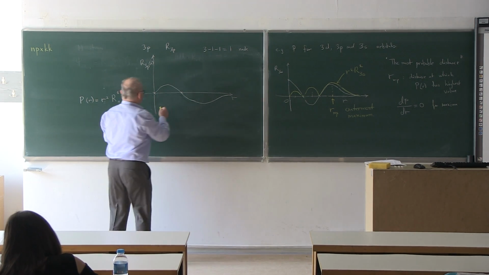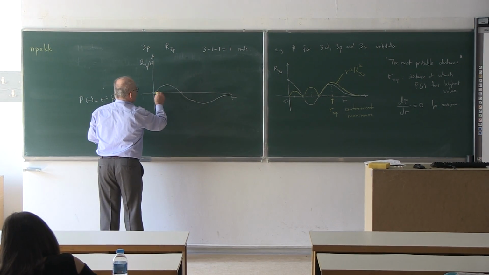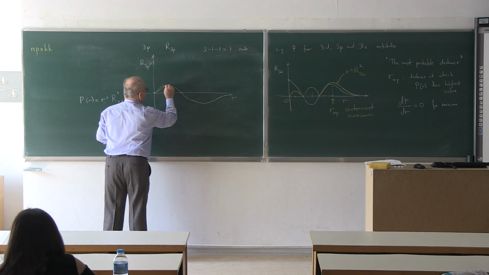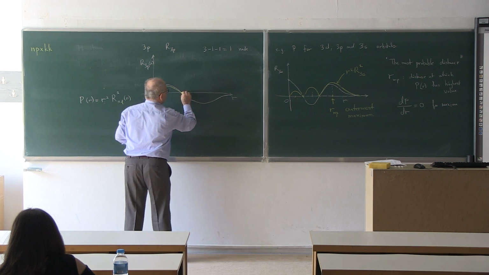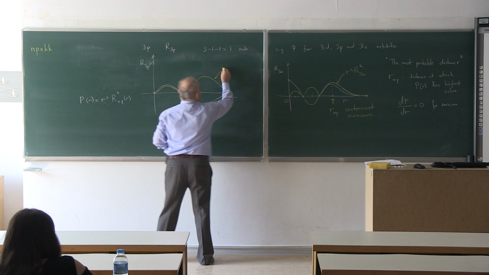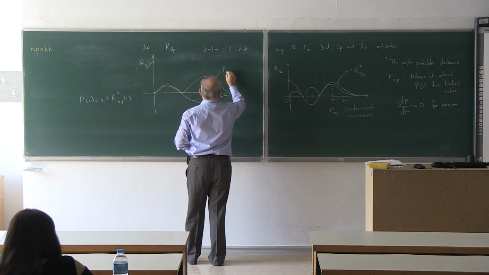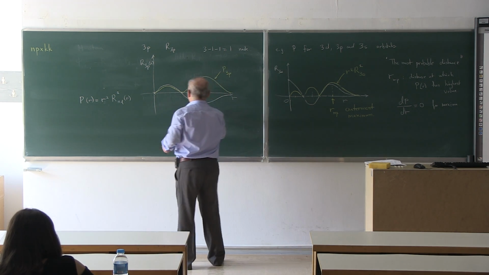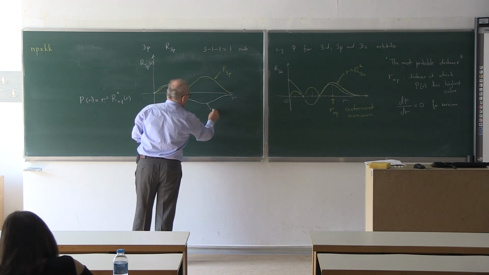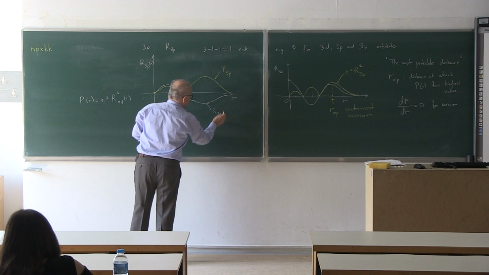So the graph is going to look like this. This is P, 3P, versus R.